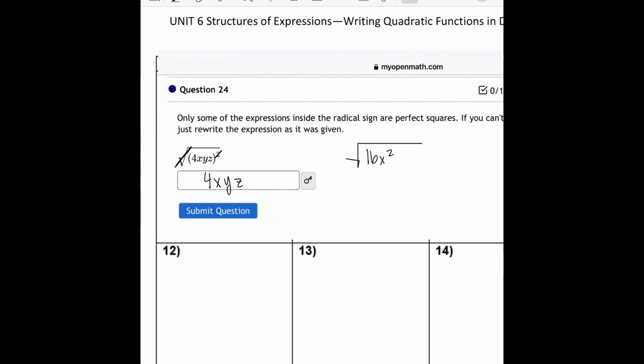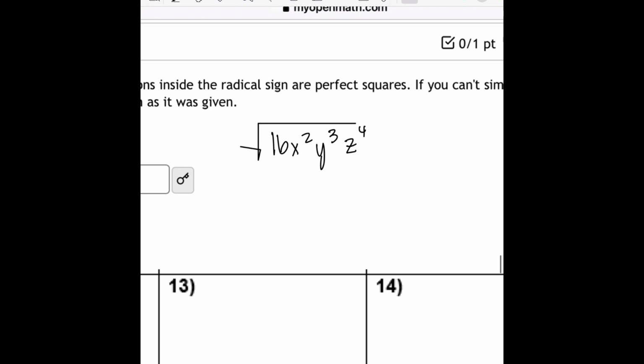Sometimes you might see one that's more like the square root of 16x squared, y to the third, z to the fourth. And I just need you guys to recognize that this is the same as the square root of 16 times the square root of x squared times the square root of y to the third times the square root of z to the fourth. So the square root of 16 is 4, square root of x squared is x. Square root of y to the third is interesting because you have a y that comes out, but you also have a y that gets stuck.